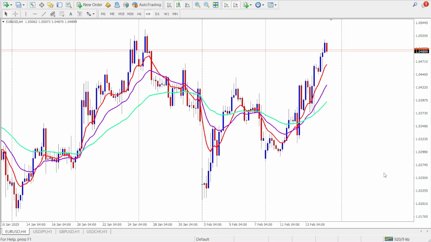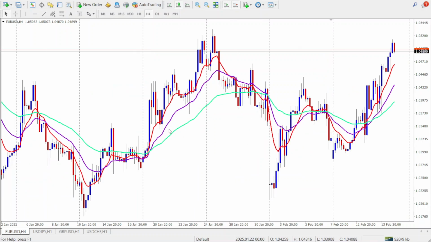Now for a bullish setup, the short-term moving average, which is the 9 EMA in this case, crosses above both the medium-term and the long-term moving averages.